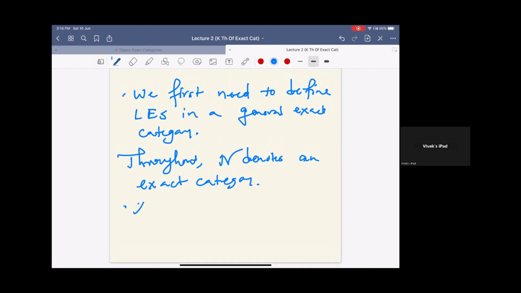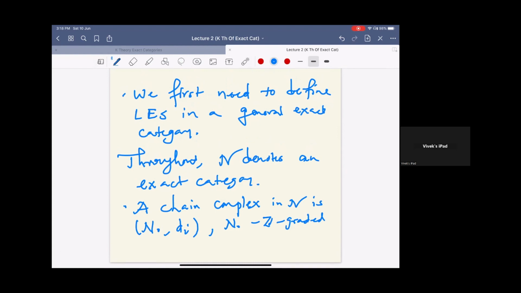A chain complex in an exact category is N dot and d_i, where N dot is a Z-graded collection of objects, and d_i is a collection of morphisms from N_i to N_{i-1} such that the composition d_{i-1} d_i is identically zero for all i.